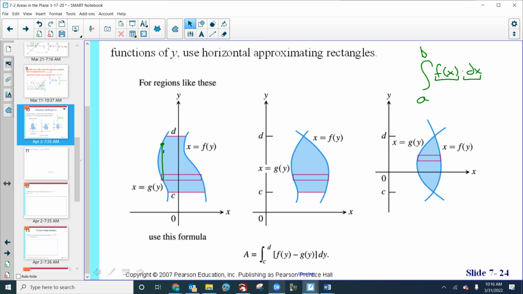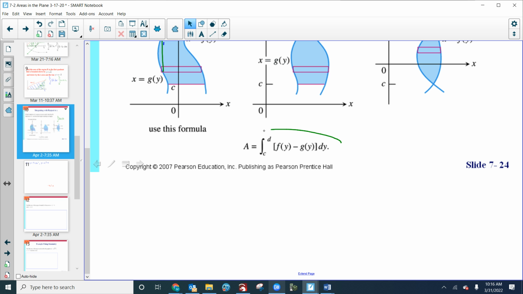This right here tells me I'm stacking rectangles horizontally, but I'm going from C up to D. Now, if I do that, if I stack them from C to D, how do I get the heights of all those rectangles?